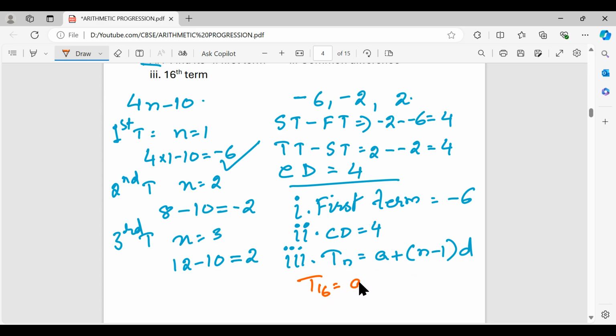I know the first term, that is minus 6, so we can write that directly here. Minus 6 plus 16 minus 1, and the difference is 4. So you get minus 6 plus 15 times 4, that is 60, and 60 minus 6 is 54. So your 16th term is 54. I hope this is clear to everyone.